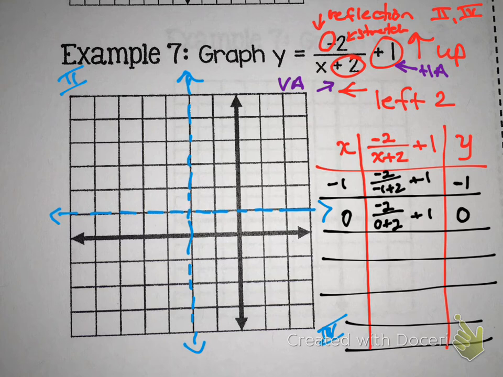And then if we do a positive 2, then I'll have -2 over 2 plus 2. So that'd be negative 2 over 4, which is negative 1/2, plus 1 is going to give us a positive 1/2.